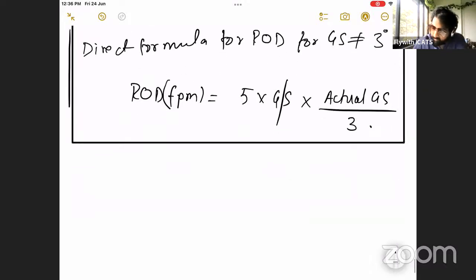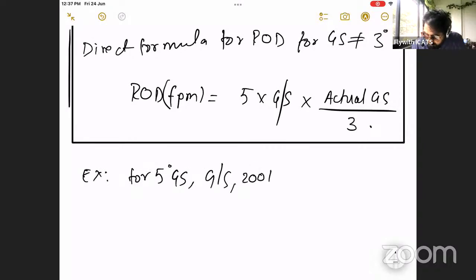Okay, so find out using the direct formula. Example, for 5-degree glide slope and ground speed 200 knots, find rate of descent. Now use the direct formula, okay, and solve this.